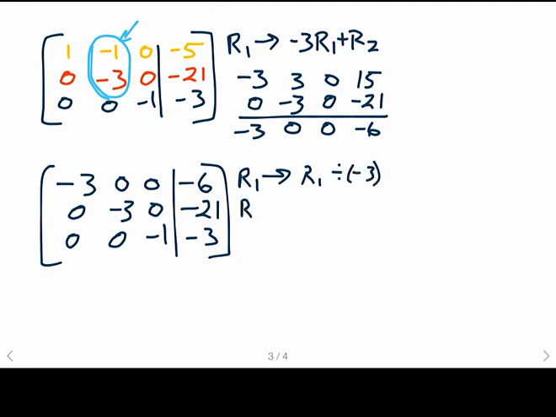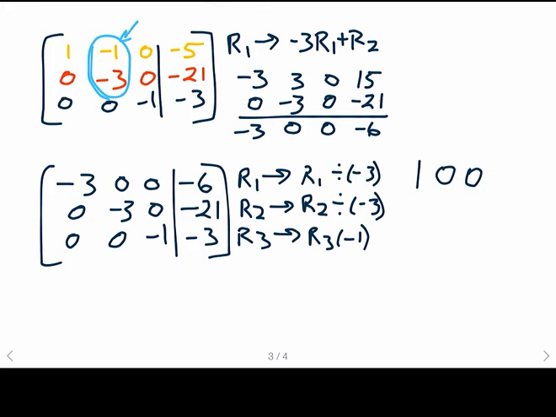I want to replace row 2 by also row 2 divided by -3. And then I want to replace row 3 by row 3 times -1. When I do that, I end up with 1, 0, 0, 2, 0, 1, 0, 7, and then 0, 0, 1, 3.